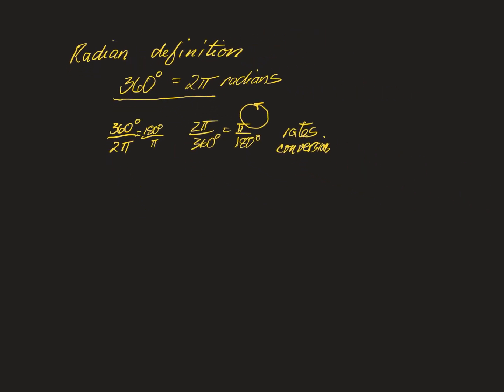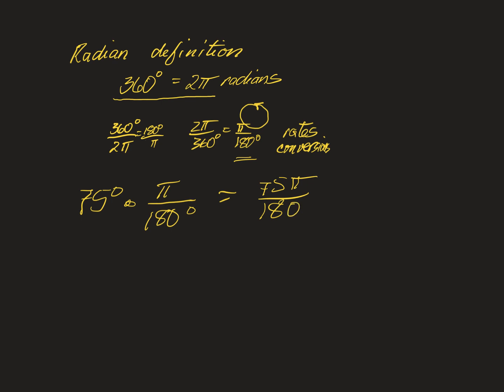And so, if somebody gives me something like this, and they say, oh, you have 75 degrees, how many radians is that? Well, then I need to multiply by the fraction that has degrees in the denominator. This is how I remember it. And that one is this fraction. So I multiply by pi over 180, and then that will give me 75 pi over 180.